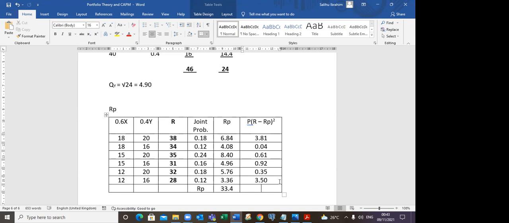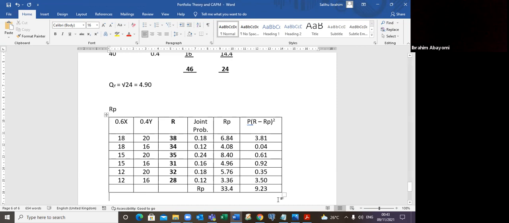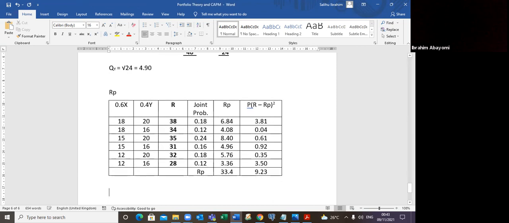9.23. So what's the risk? The risk of the portfolio.